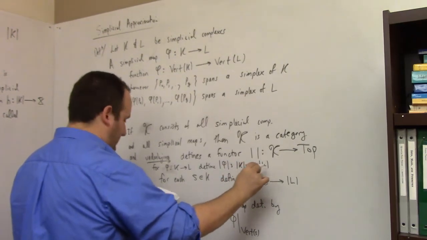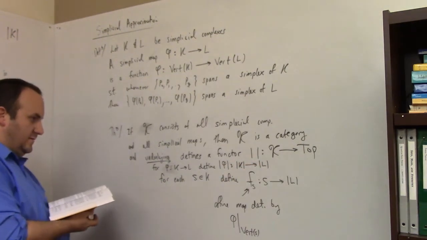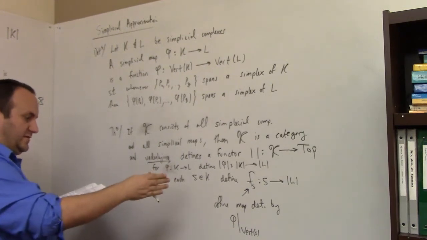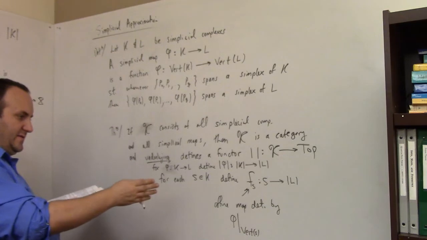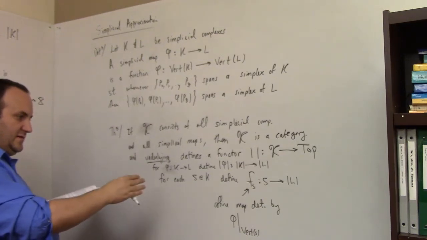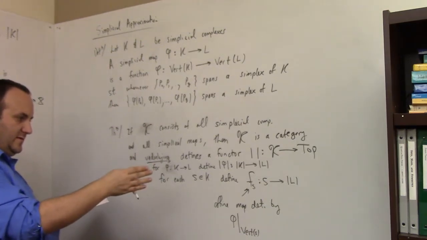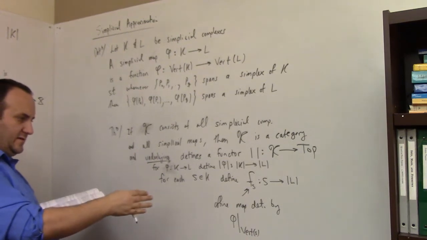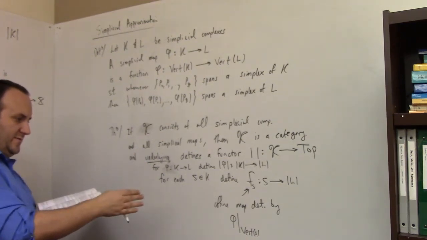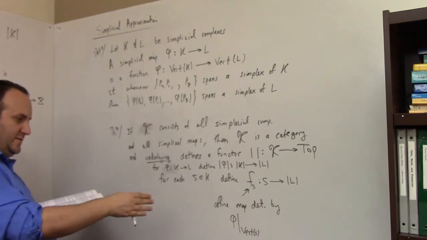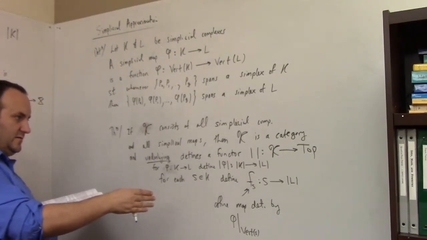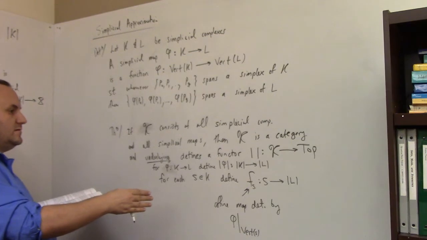How's he doing that? For each simplex S in K, you define a map F sub S that goes from S to the underlying space of L, according to the restriction of the simplicial map to the vertices of S. Okay.